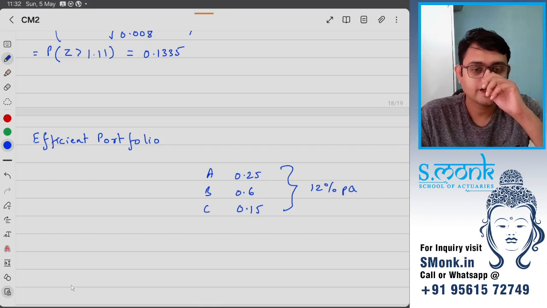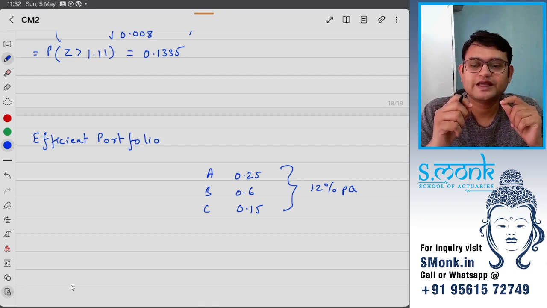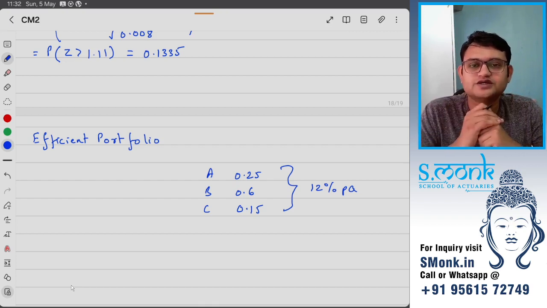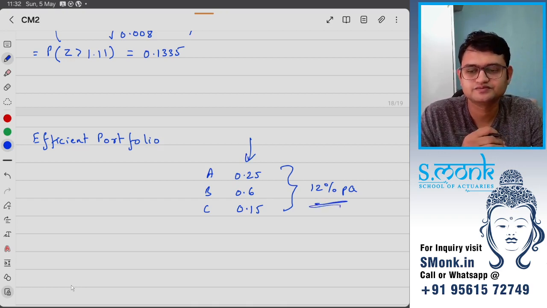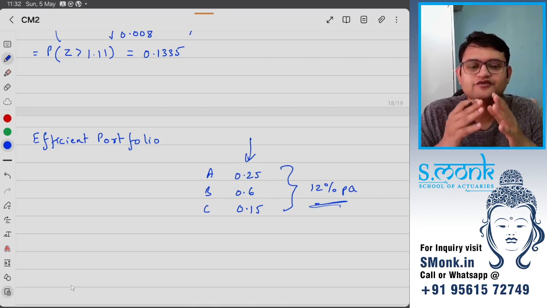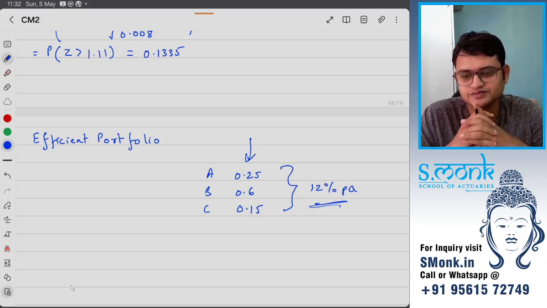Now if I just increase or decrease certain ratios, if I change these ratios slightly and get a better return, then this portfolio will not be called efficient.